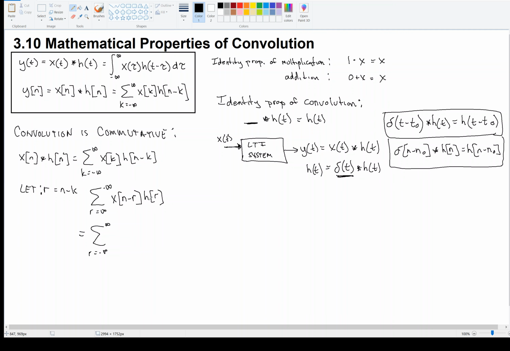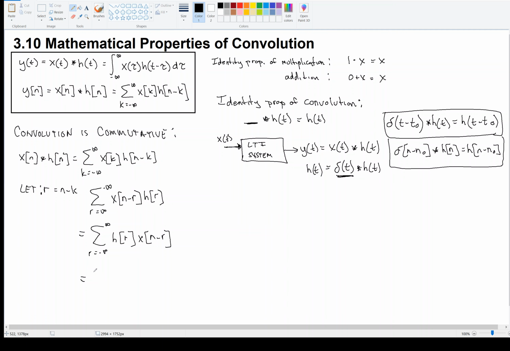Then, because multiplication commutes, I can switch h with x. Now I compare that with my definition of convolution, and you see k is replaced with r, but I can call the index whatever I want. But you see the x and the h have switched roles. You see that?